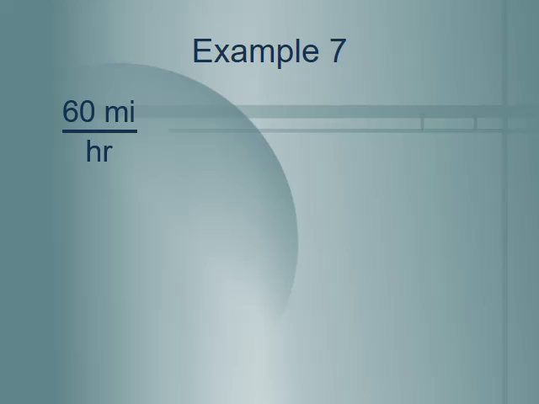So we have 60 miles per hour, and we want to change it into feet per second. So what we're going to do is make sure that our miles are crisscrossed so that they can cancel out. It doesn't matter where down the line.